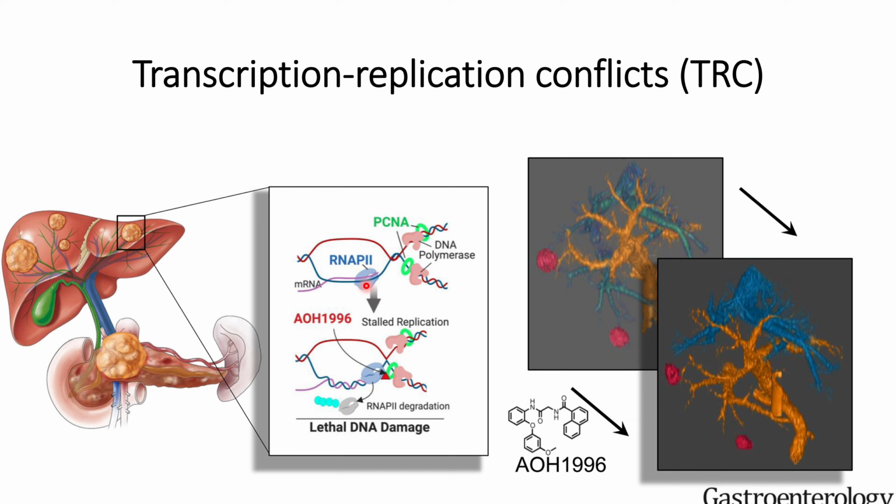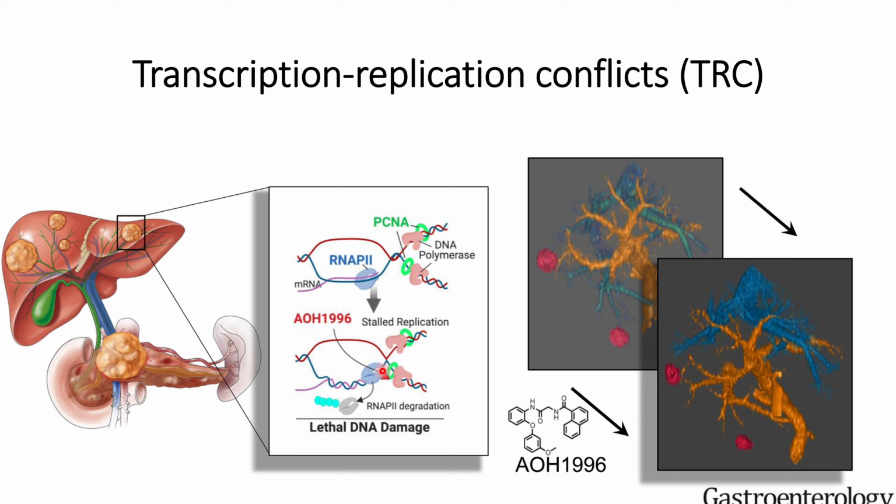One of the reagents that researchers have found that can enhance these kinds of conflicts, that is transcription replication conflicts, is termed AOH 1996. What it does is lead to enhanced interaction of RNAP2 and PCNA, which can be seen in the bottom figure when AOH 1996 has been introduced into the cells.